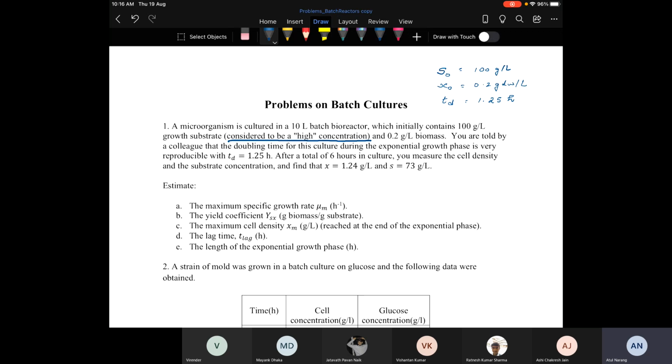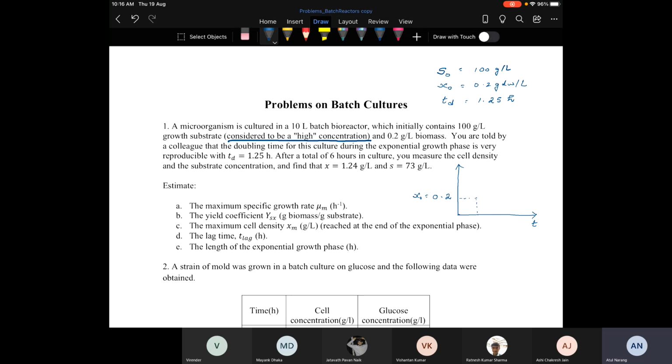So let me draw the picture here. Essentially, they are telling you, let's say this is your time, this is the time at which you started. At this time, X was 0.2 over here. This is X0.